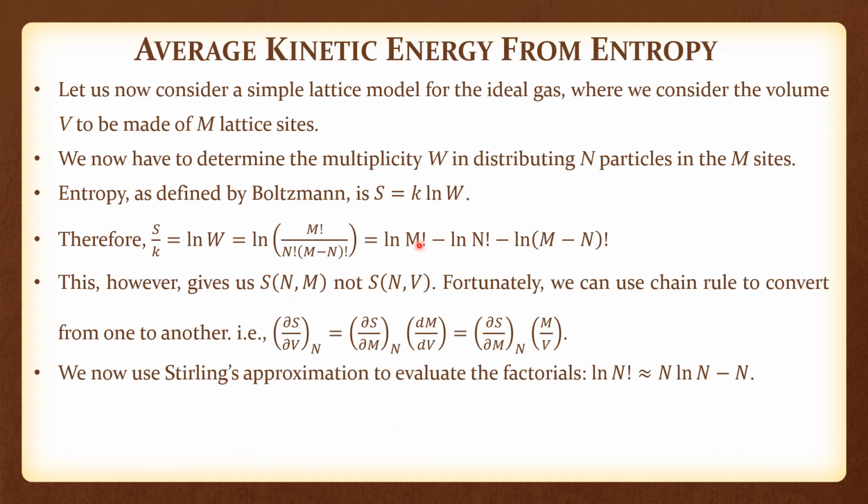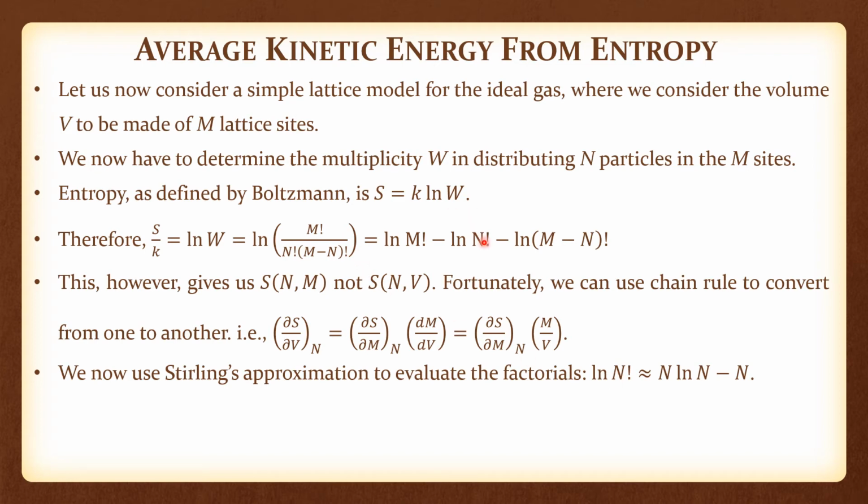Now, in order to evaluate this, first we need to evaluate the logarithm of a factorial, and for that we are going to use Stirling's approximation. This is valid when the numbers involved are large.